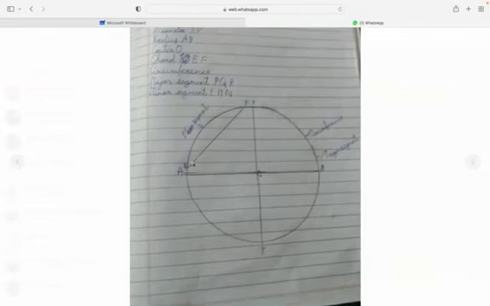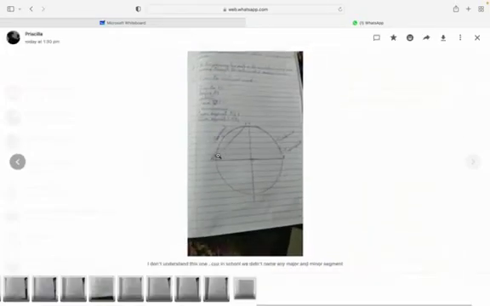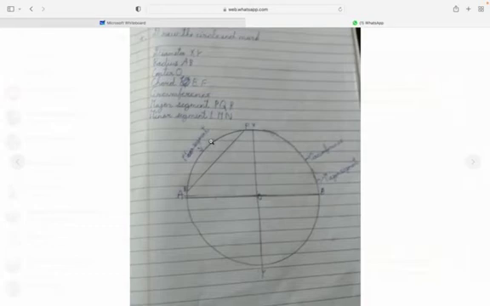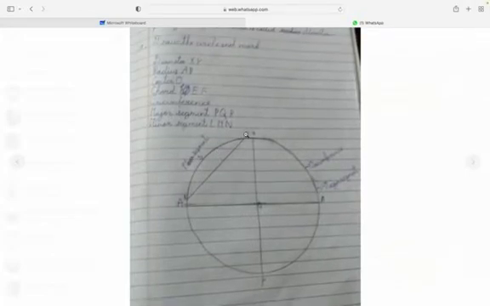And E and F is a chord you have taken, right? E and F is the chord. So for the minor segment, you need to put a letter here, maybe EOF. EOF would be the minor segment, this one, and the major segment would be the other part.